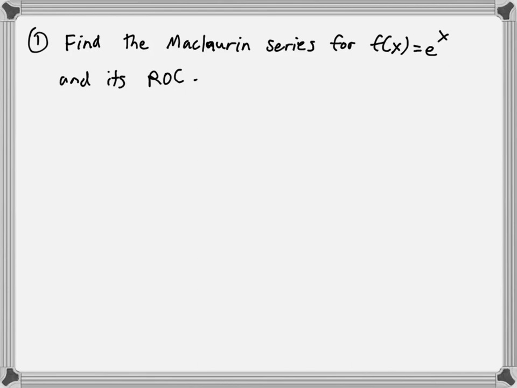So we want to find the Maclaurin series for f of x is equal to e to the x, okay? So remember I said we need to take derivatives here. What we're looking for then, remember the Maclaurin series, these words, is the same as the Taylor series centered at 0 for the function e to the x, okay? This is what we're trying to do. So what I like to do to find a pattern of derivatives is I like to create what I call a derivative table, okay?